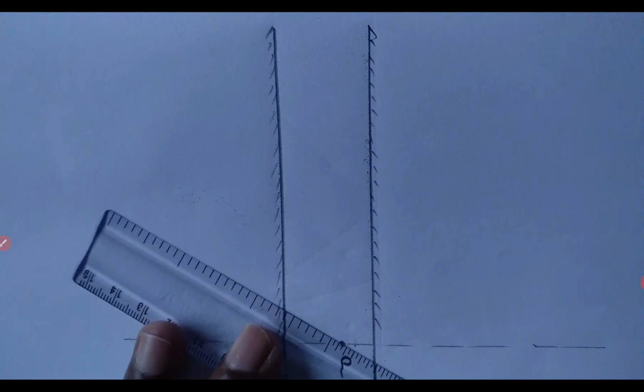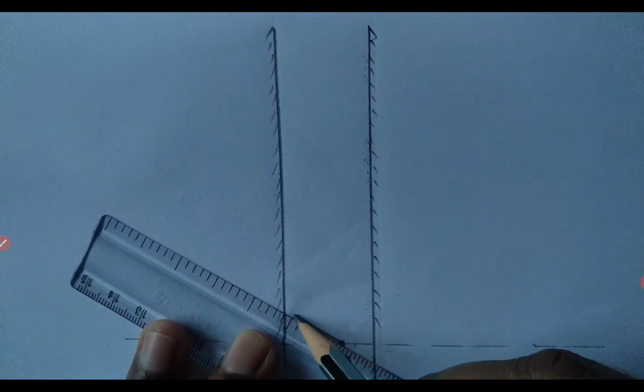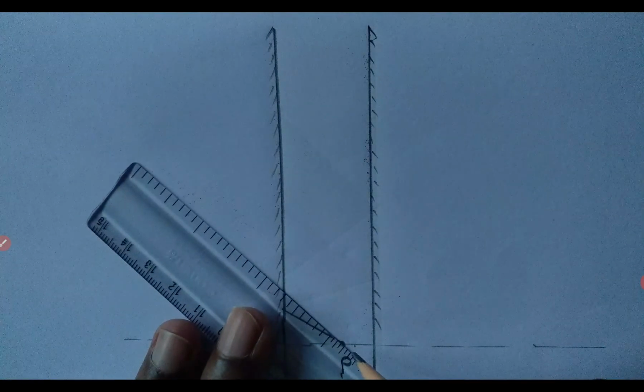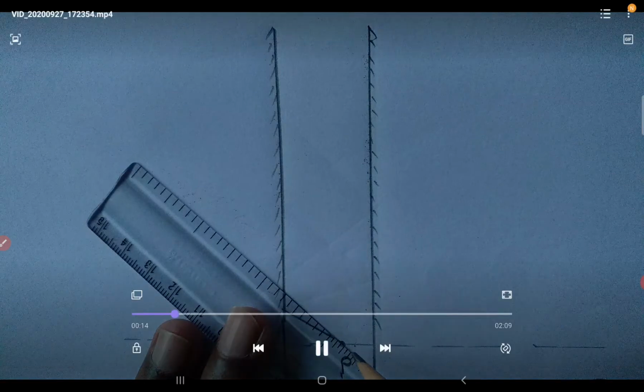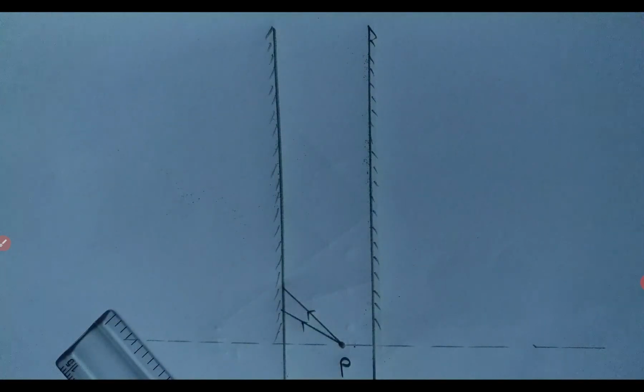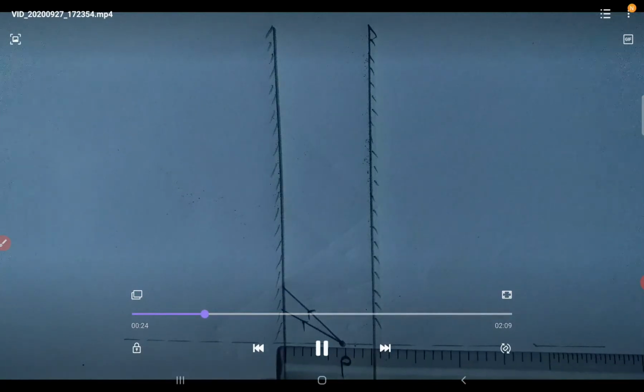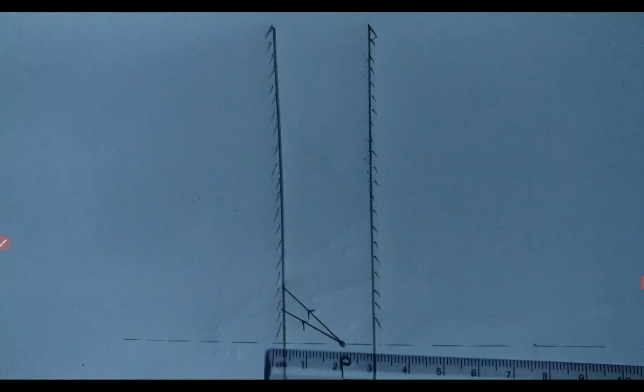So here I am placing one object P in between the mirrors. Now from this object I am taking two rays such that it strikes the mirror. So after taking two rays, I have to show the reflection as well. But before showing the reflection, I'll just take one small measurement such that my image is already being created.